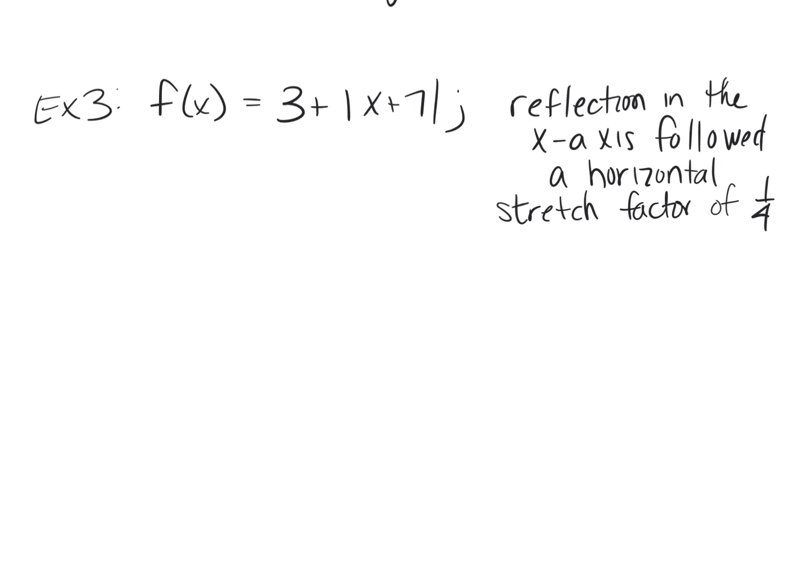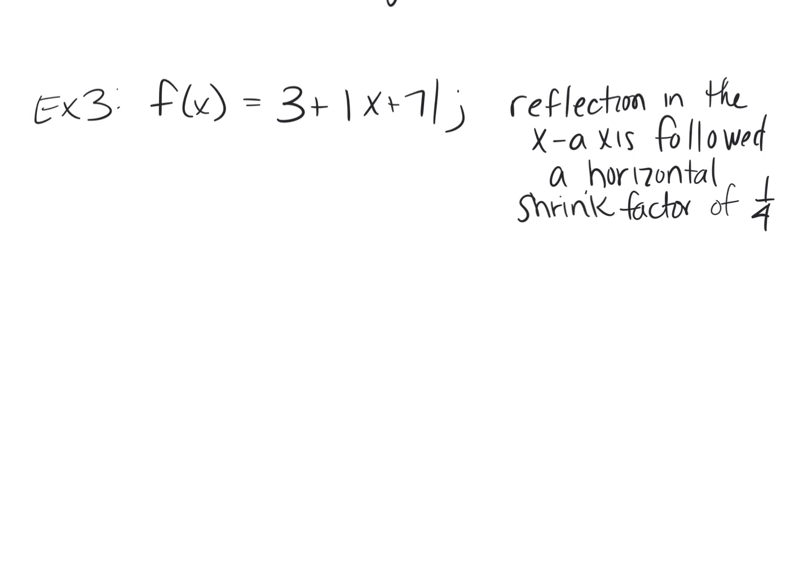Okay, here's our last example. We're going to take f of x equals 3 plus the absolute value of x plus 7, and do a reflection in the x-axis followed by a horizontal shrink factor of 1/4. If the factor is 1/4, it's always a shrink.